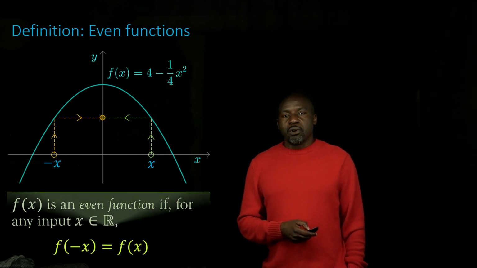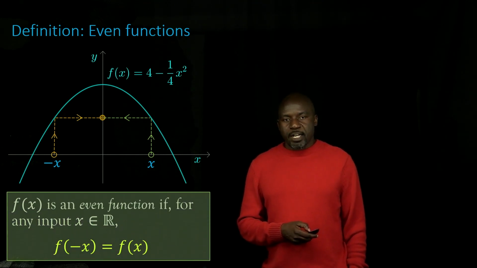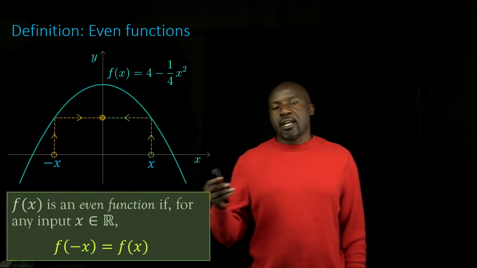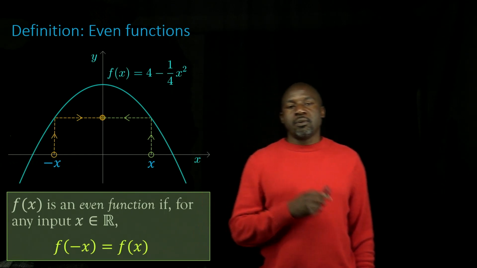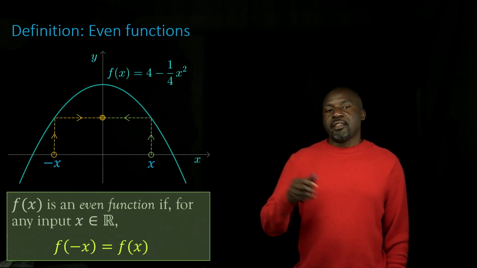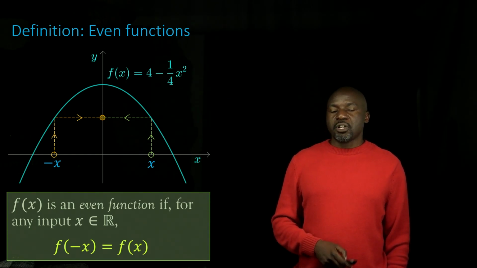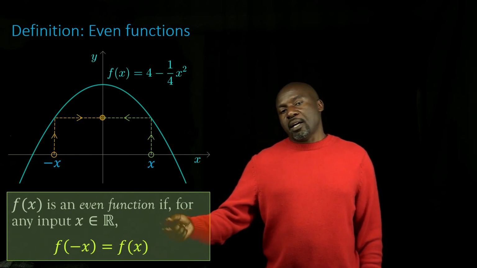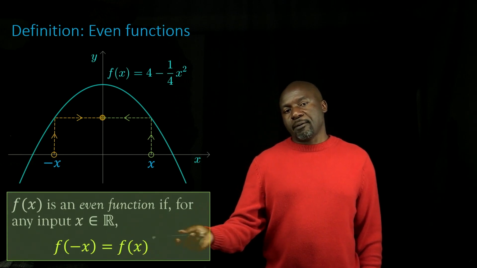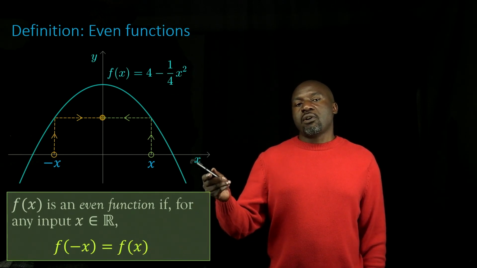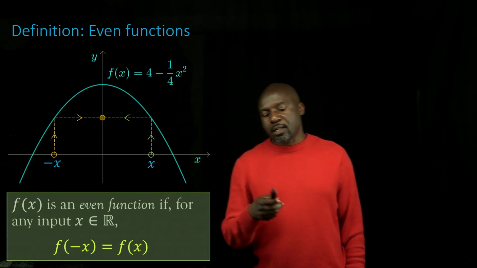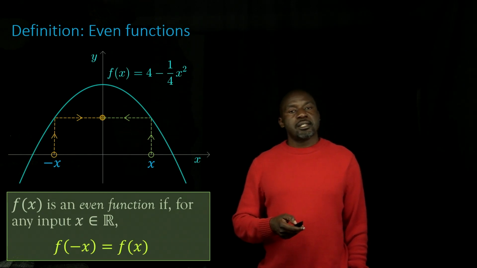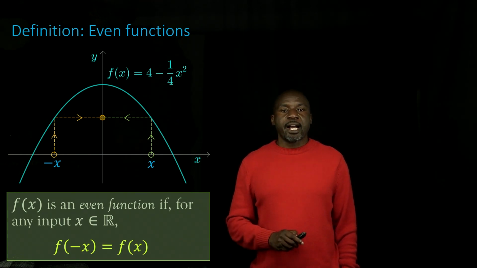So if for a function you can show that f of minus x is always equal to f of x, then that function is an even function. We can show that a function is even either algebraically using that result, or by sketching the function and looking at the graph to see if there is some kind of symmetry about the y-axis.